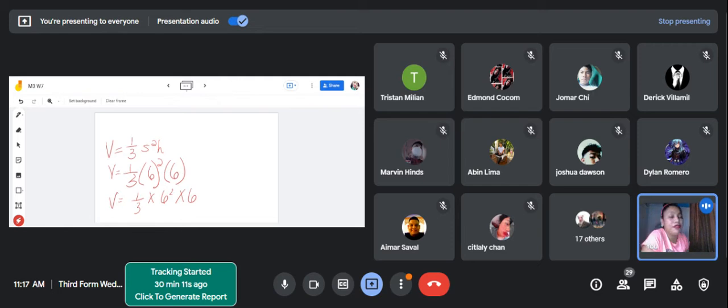Now I have to solve this question. You can go ahead and you can cancel with one of the sixes, right? This gives you 2. So now you have 6 squared times 2. What is 6 squared?